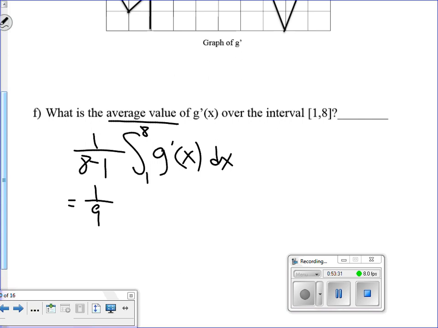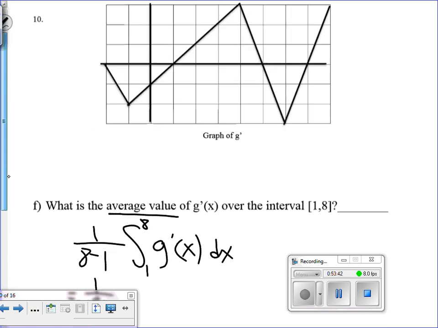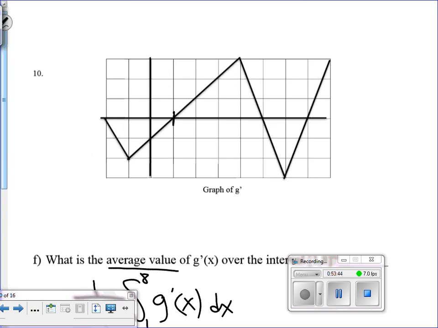To get the definite integral from 1 to 8 of g prime, we're going to have to look at the graph between 1 and 8 and do area above minus area below. So let's look back at the graph. We're only looking between 1 and 8. I'm just going to fill in the areas we had. So let's see, that was 6.5.